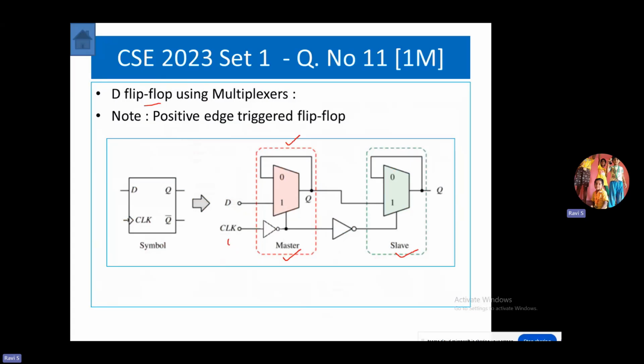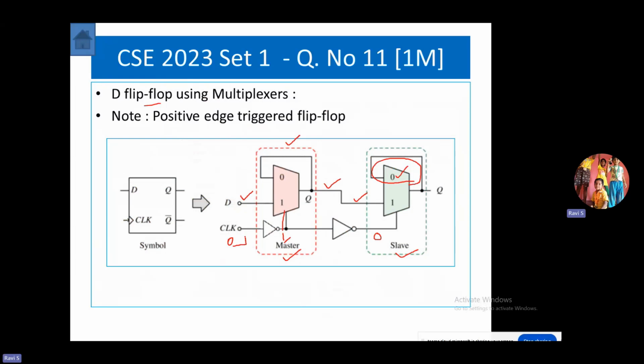Suppose we apply the clock input as 0, the complemented value of 0 becomes 1. Because we apply 1 here, whatever data we apply appears here. However, at this situation, because the value is 1 here, this becomes 0. With 0 applied, the previous state of Q will be maintained. It is not going to accept output from the previous latch.